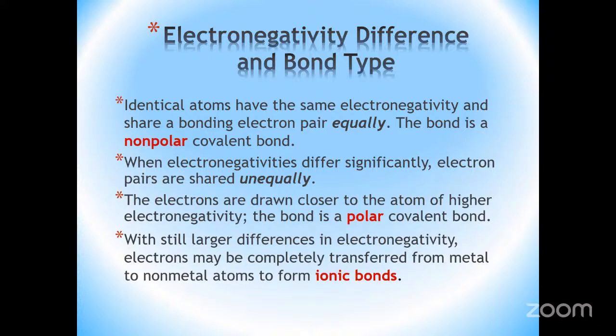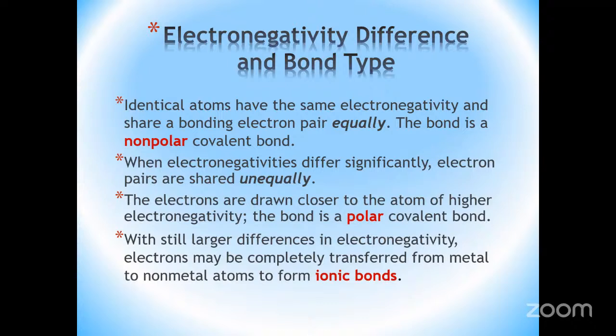What that means is that the electrons would, on average, be closer to the more electronegative atom compared to the other atom. So there's a separation of charge, which I'm going to show later on. And if the difference in electronegativity is very large, then we say that that's an ionic bond. That means a complete transfer of the electrons from the metal, which is typically the case, to the non-metal.